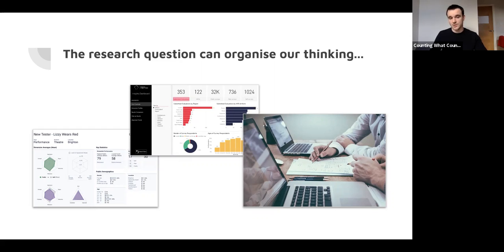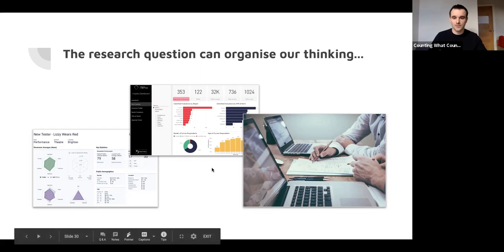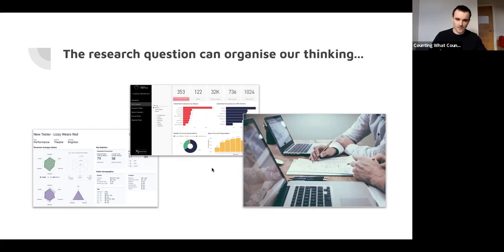So it's sort of like a compass that can help guide the way that you're thinking. So if you're finding yourself looking at reports and there's a lot of stuff in there and you're not quite sure where to start, just reiterate the question to yourself: we're trying to answer, have the creative intentions been met? And start thinking in terms of that research question, it should provide you a bit of a compass on where to go next.